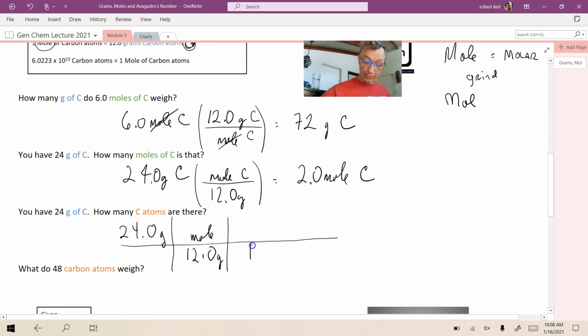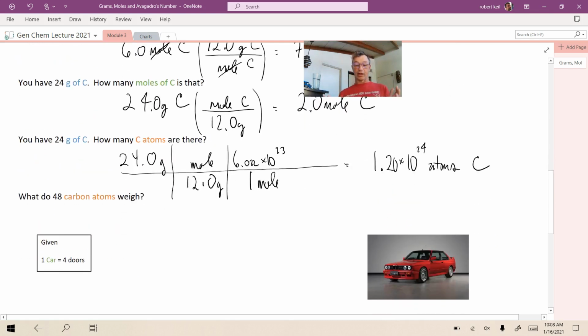And what does a mole mean? A mole is like the word dozen, except much bigger than 12. Okay, and out of that, you should get roughly 1.2 times 10 to the 24th atoms. Okay, and significant figures are a little off. Sorry, there we go. So you should get a lot of atoms, right?